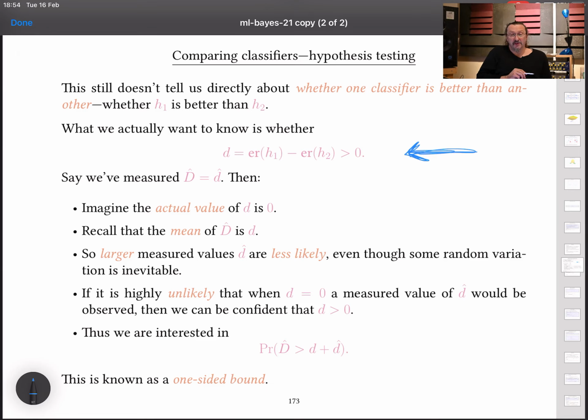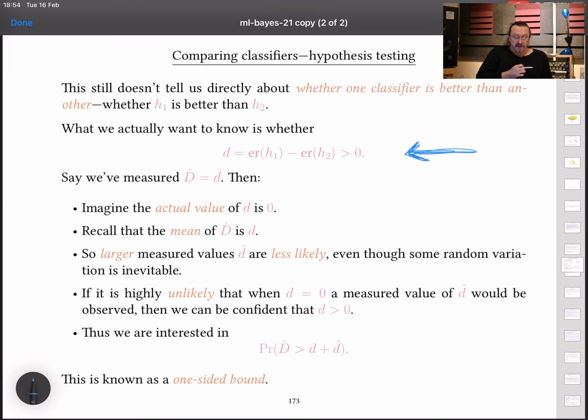Okay, we want to know if one thing is actually better than the other or not. So, we are measuring this random variable d hat, and we'll get a particular value for that measurement when we actually calculate the estimate using a test set.